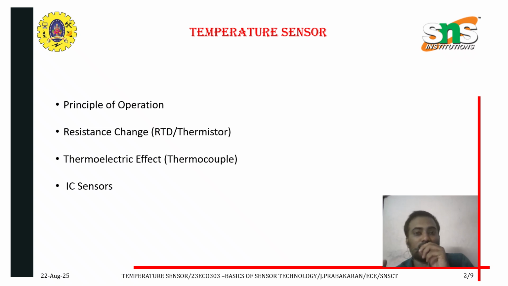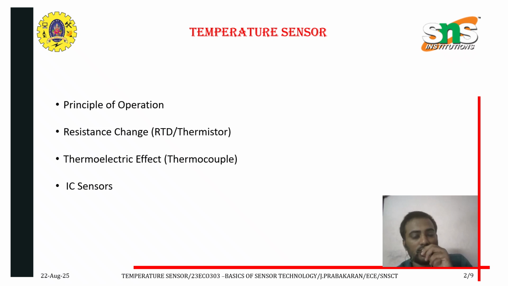First we will discuss the principle of operation of a temperature sensor. Temperature sensors work by detecting changes in physical properties that vary with temperature and converting those changes into a measurable signal, typically an electrical signal.